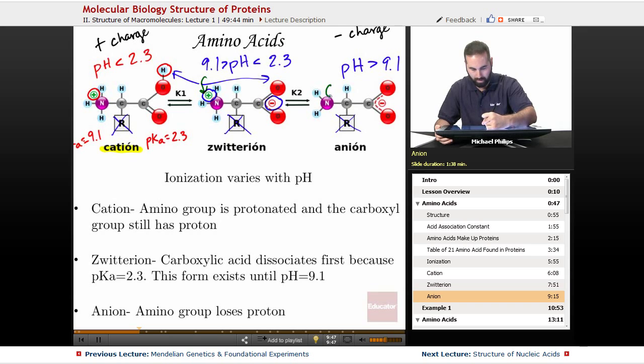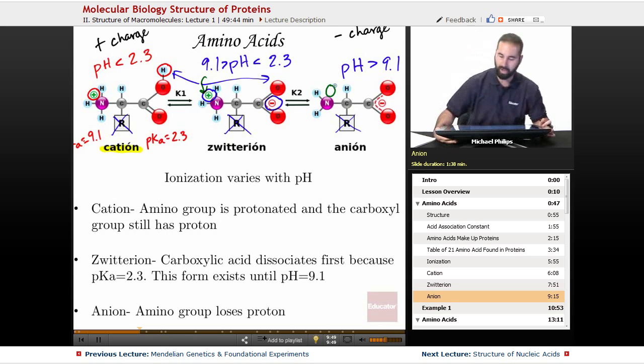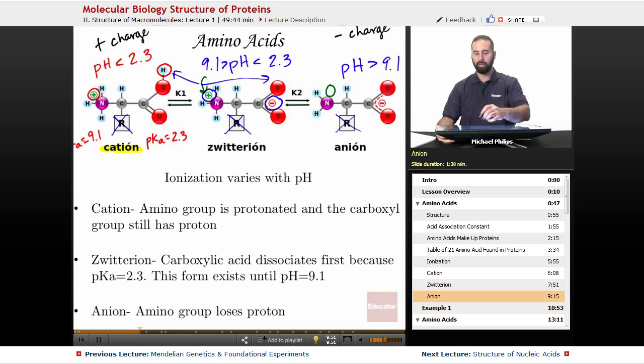So we have our negative charge, and we don't have that positive charge anymore, so this is a negatively charged ion. A negatively charged ion we know as an anion. Now remember, we're not talking about the R group at this point. We're just talking about the major backbone. All right? So this is important.